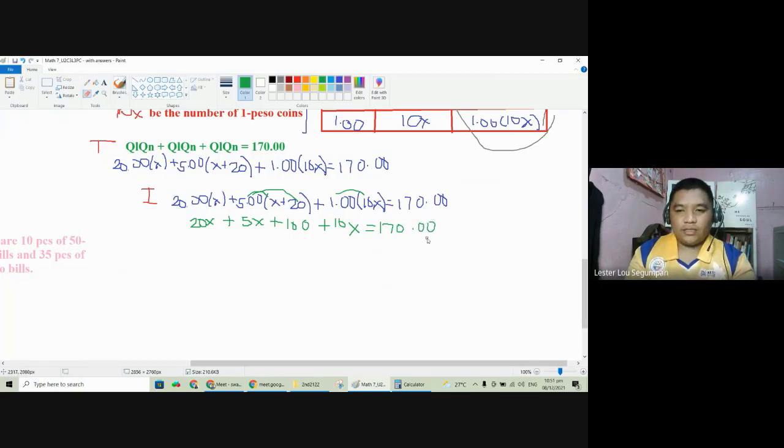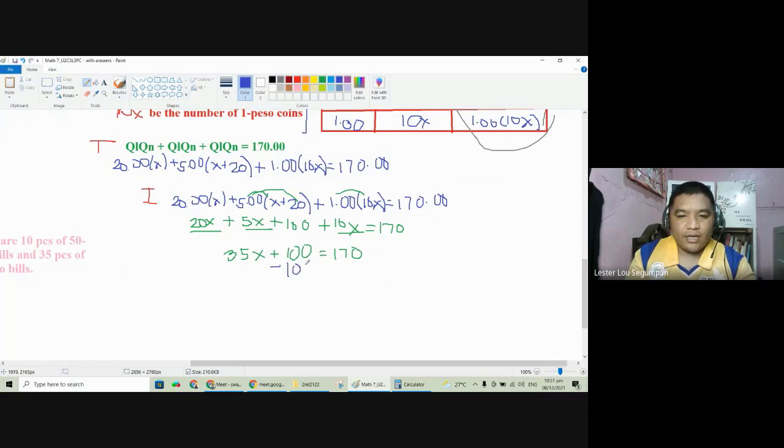Since we have already removed the decimal parts of the others, let's just remove these as well. Add all terms with x. So 20 plus 5 plus 10, you will have 35x plus 100 is equal to 170.